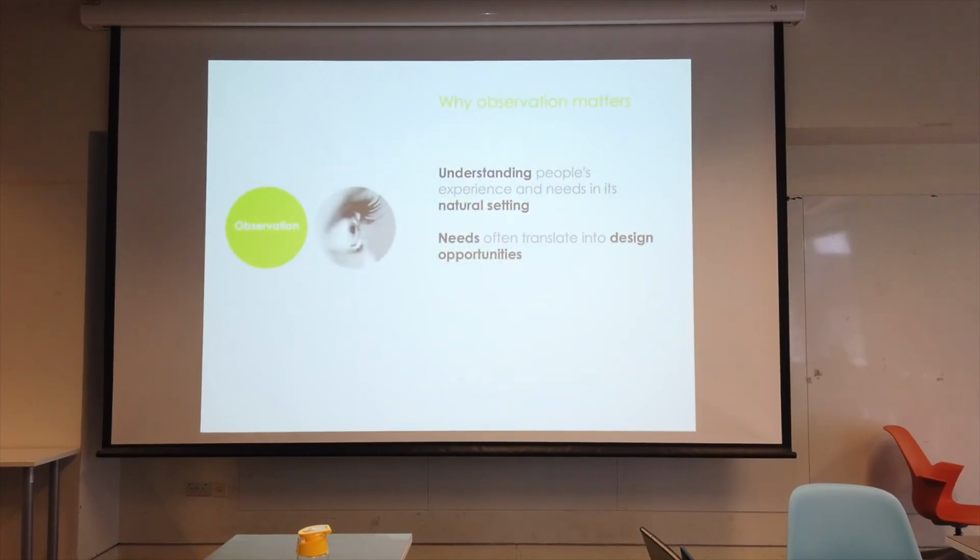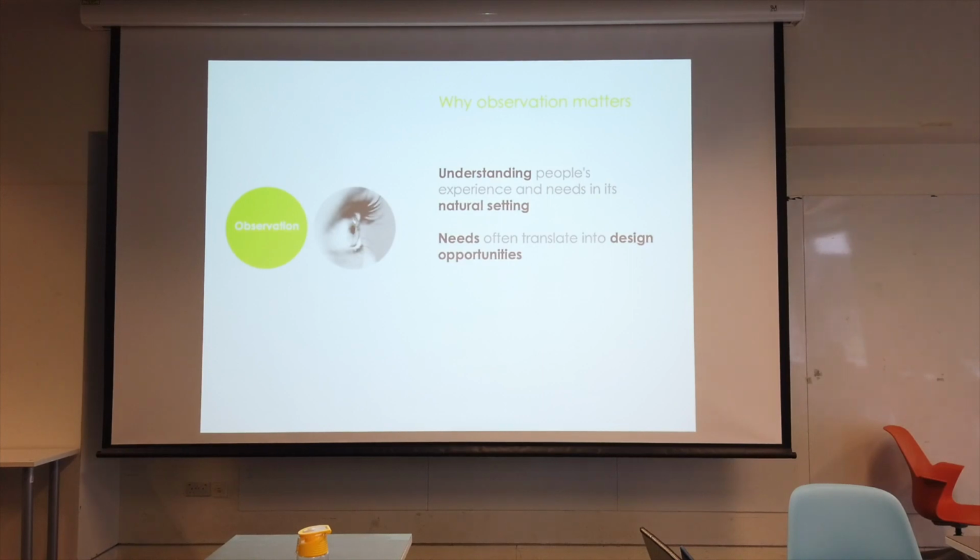I'd like to recap, because like I said, it's the last chapter of observations. Why do we need you to do observation? Because we find observation is really important. Through observation you understand people's experience and their needs in a natural setting.